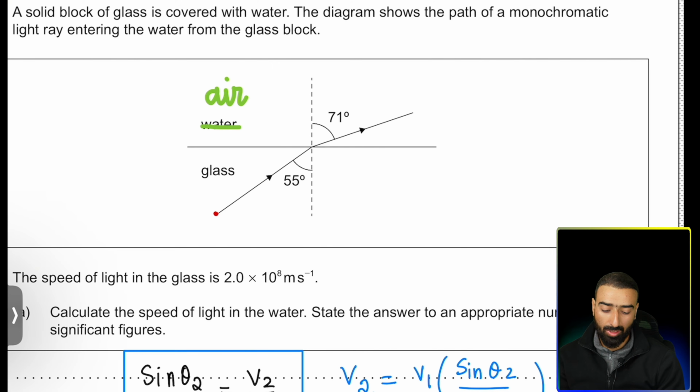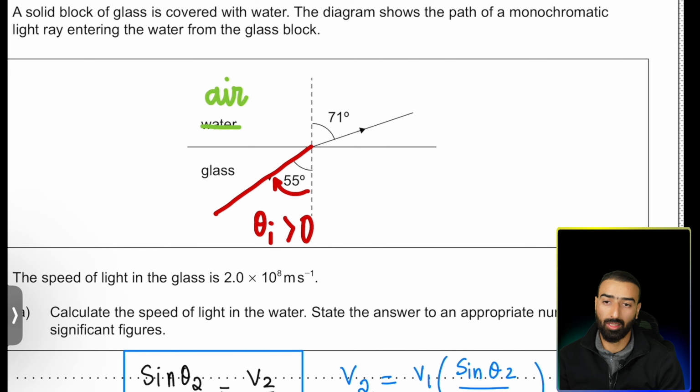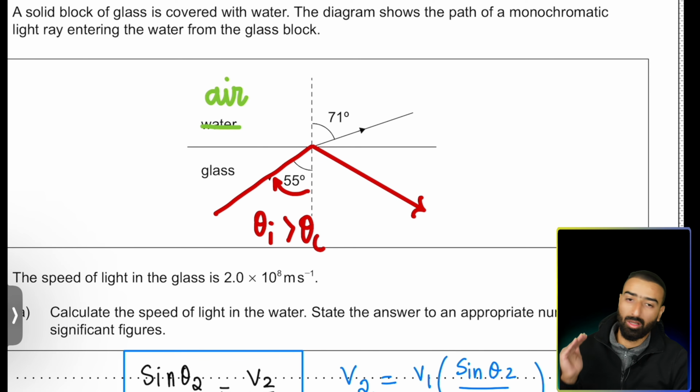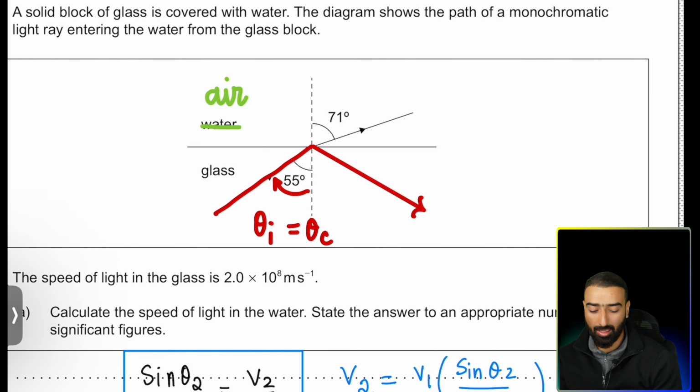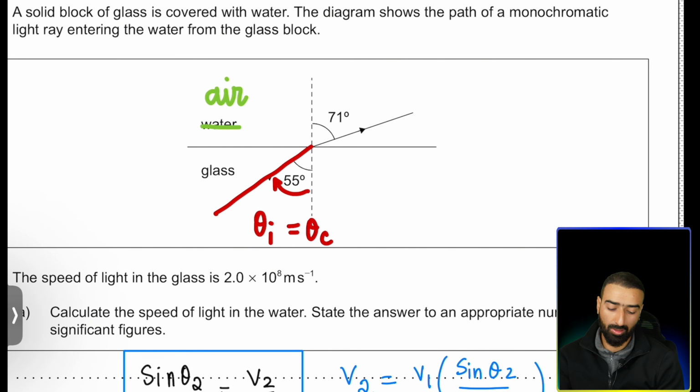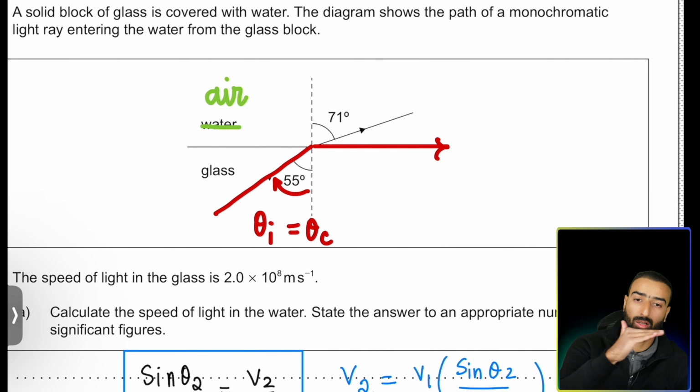In other words, if this incident angle here, theta I, is greater than the critical angle, we get total internal reflection. In that case, the incident ray is not going to emerge on the other side. At exactly the critical angle, if this incident angle is equal to the critical angle, what happens in that case? The refracted ray grazes along the surface.